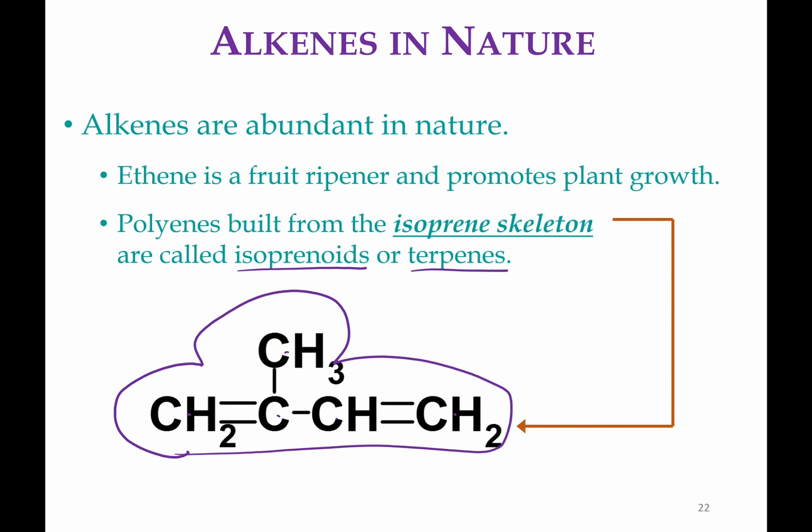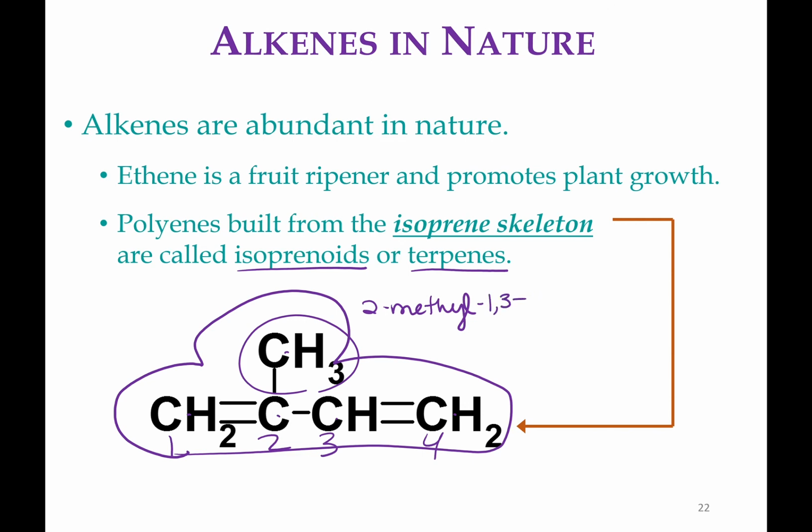But this would have the name 2-methyl. Here, let's just measure it out. Let's just write out 1, 2, 3, 4. So we have 2-methyl-1,3. And what would this be?